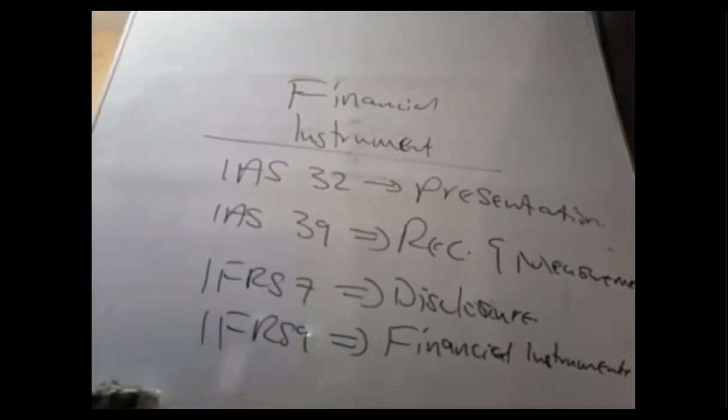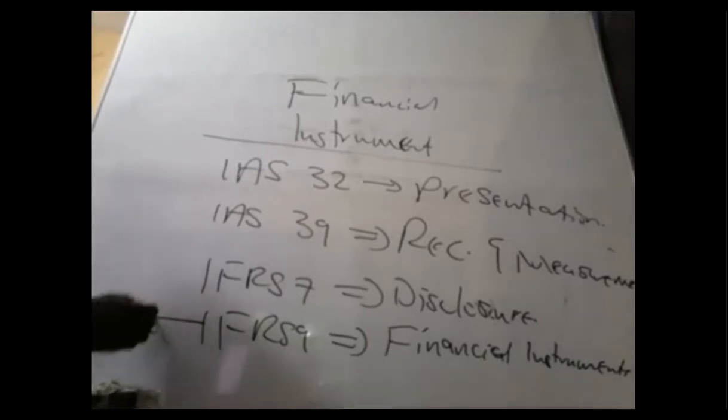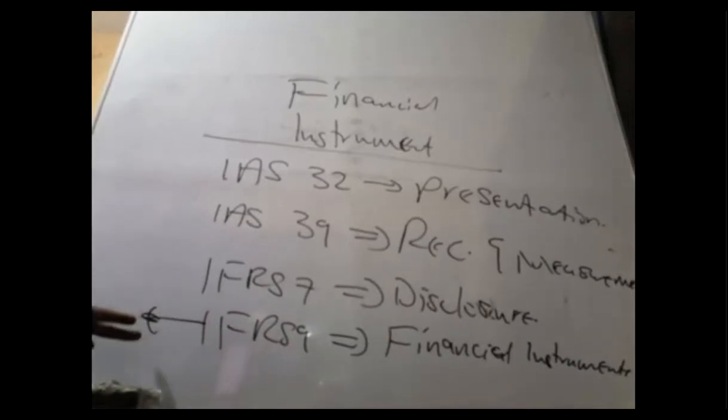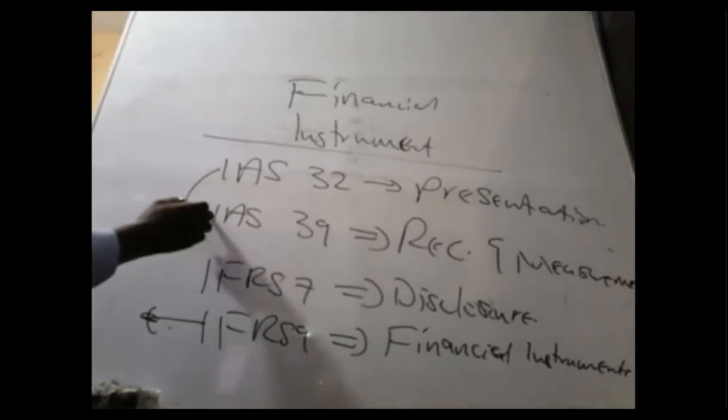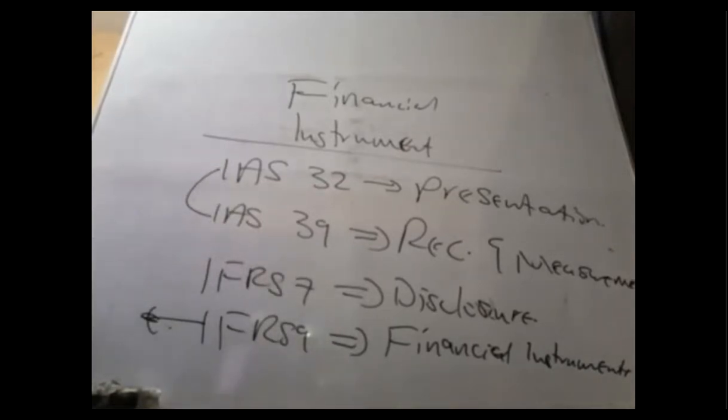Okay, so the leading standard on financial instruments is IFRS 9. However, IFRS 9 is not fully published, not fully completed. IFRS 9 combines IAS 32 and 39 together.